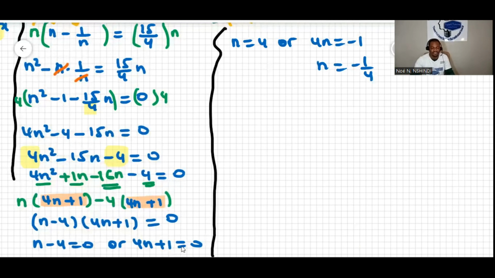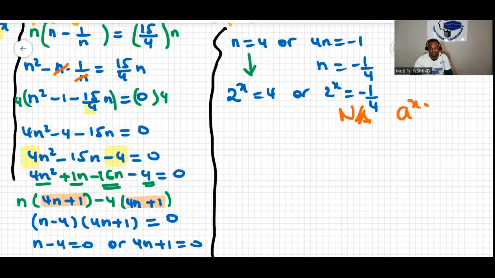So remember, we set 2 to the power of x equal to n. Okay, so we can bring back 2 to the power of x is equal to 4, or 2 to the power of x equal to -1/4. Now, this latter solution here is not applicable because remember, an exponential function is always positive. Okay, so then over here, this means that 2 to the power of x equal to 2 squared.